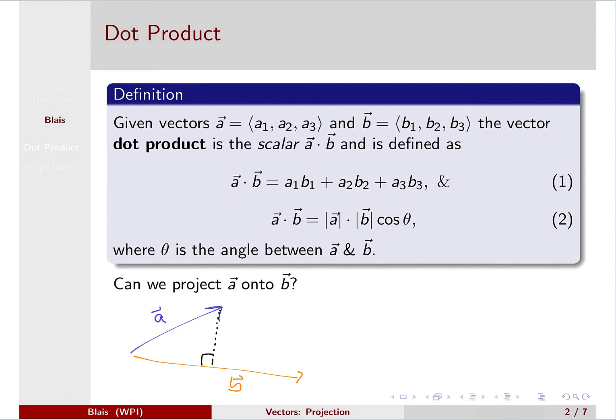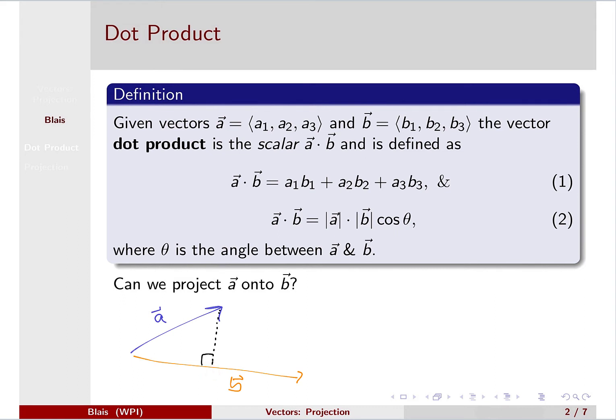And this is what we're after, this piece here. So we want to know what is the piece of this vector A in the direction of B.